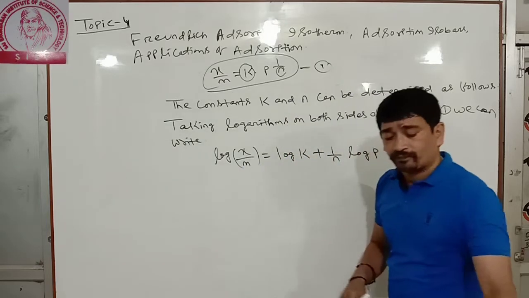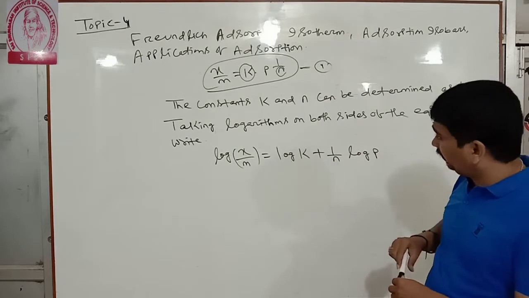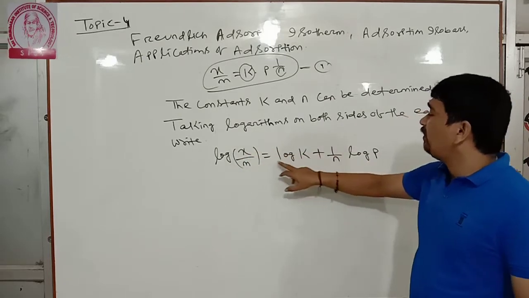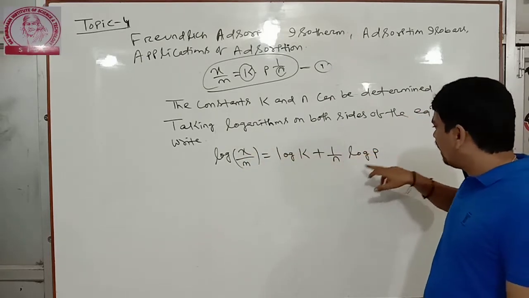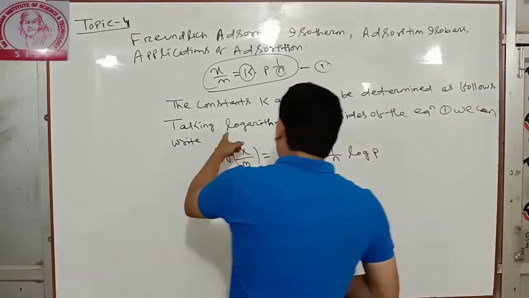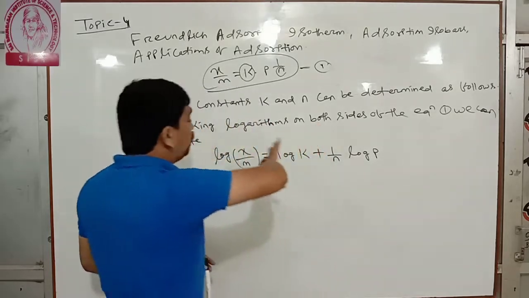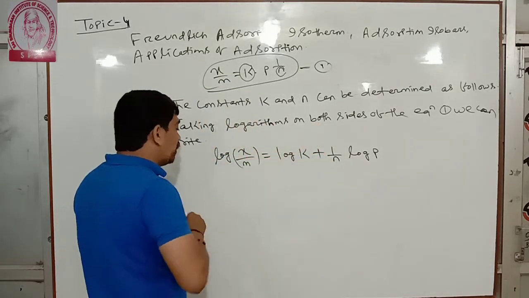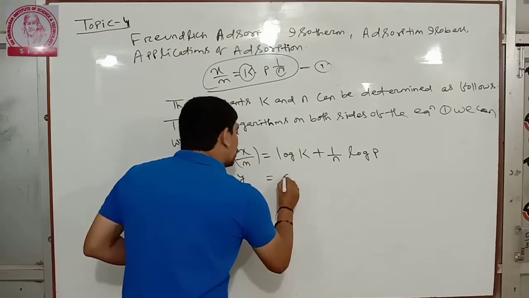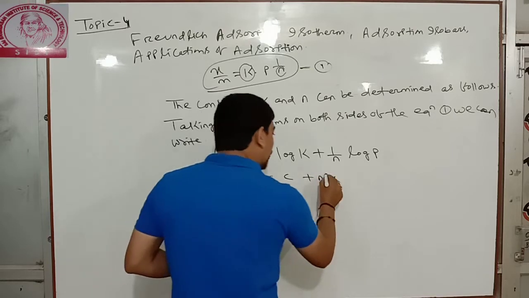If we take logarithm of this equation 1, what we can get: log x by m equal to log k plus 1 by n log p. If we compare with the slope-intercept formula, y equal to c plus mx, what will be the m value?